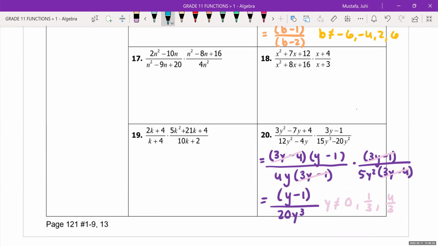So let's start with question 17. So we have a greatest common factor over a simple trinomial over just a monomial. We're trying 17.